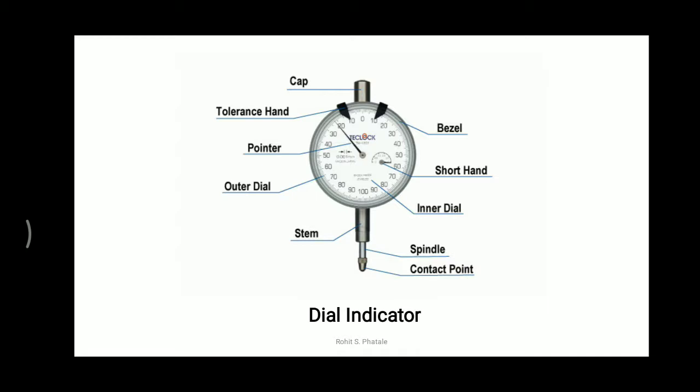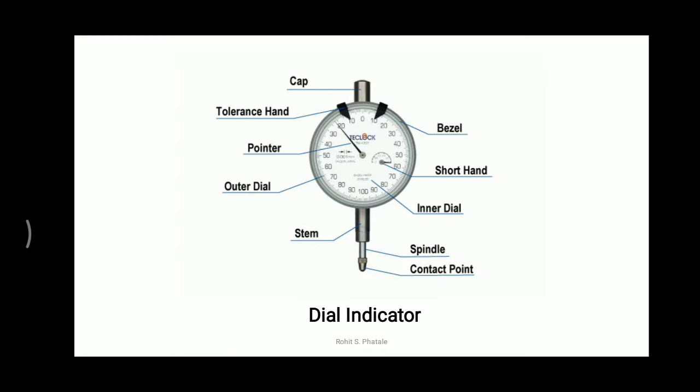So why is it known as a dial indicator? Because it has this circular dial over here, and the pointer shows how much crack, or how rough the surface finish is, that we can get with the help of this pointer.